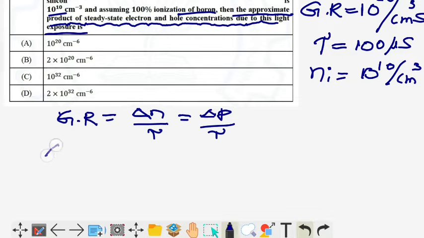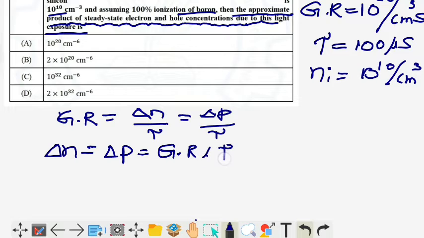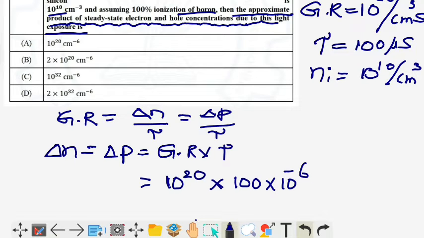Now delta n is equal to delta p is equal to generation rate into lifetime. So what is the generation rate? 10 to the power of 20 per centimeter cube second into the carrier lifetime, that is 100 microseconds, so 10 to the power of minus 6 seconds.